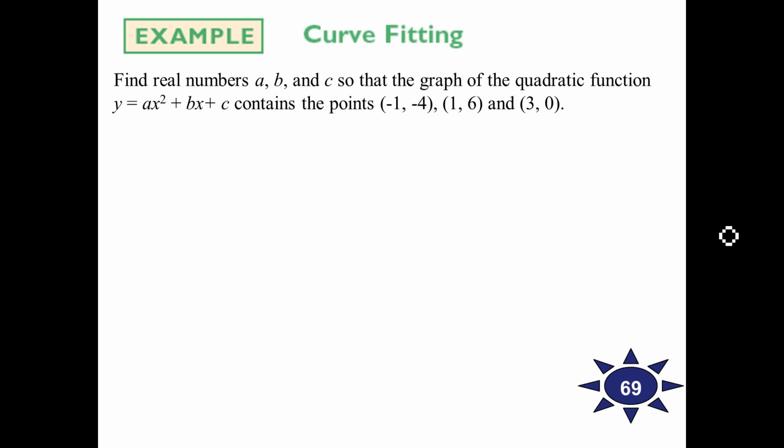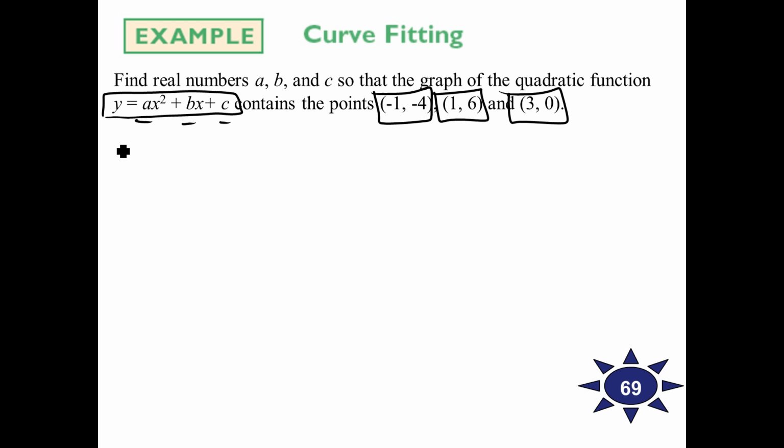What curve fitting means here is we've got an equation for a quadratic. We've seen that before. And this has 1, 2, 3, a, b, c, 3 variables. So we're going to need 3 equations. To do that, we would need 3 points on the line. So here's what we're going to do. We're going to rewrite this equation, only instead of y, plug in some points we've got. y is negative 4 from the first point, x is negative 1.